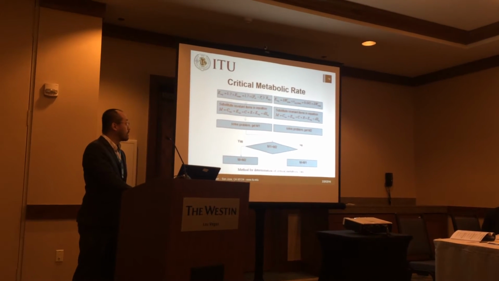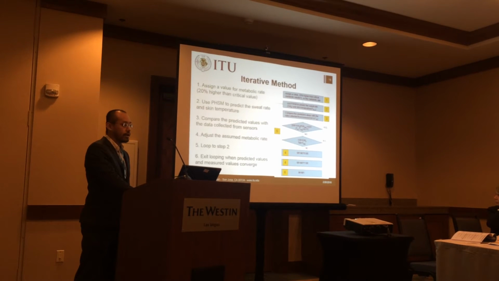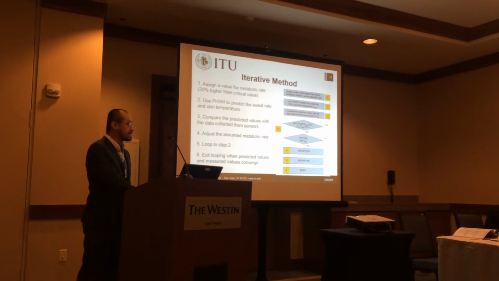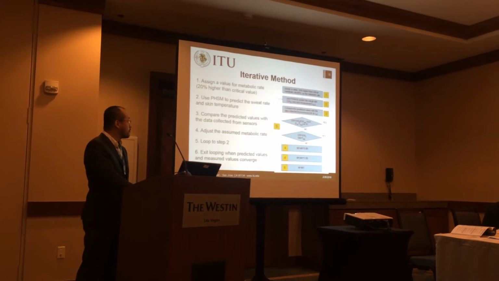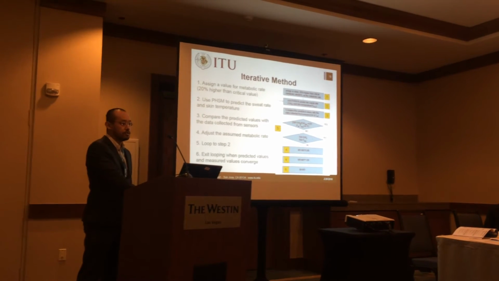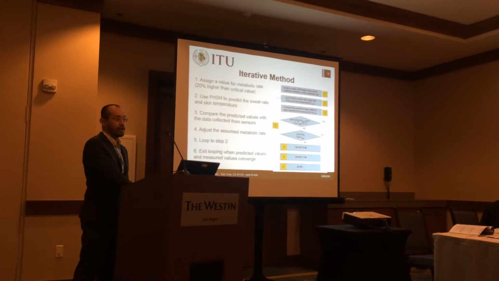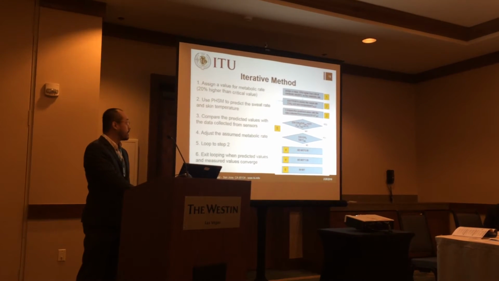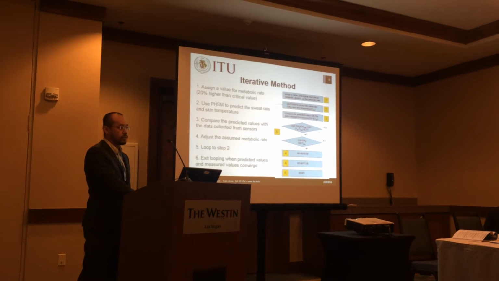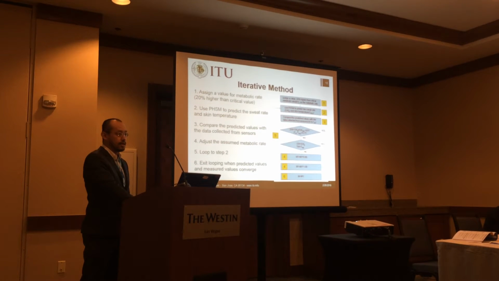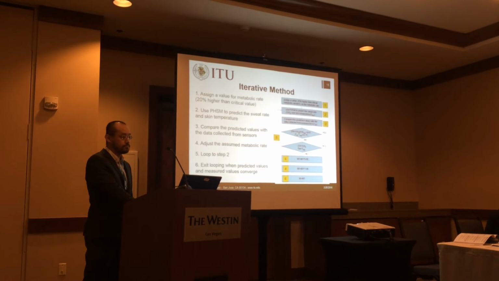Once we find out the critical metabolic rate, we can use an iterative method to calculate what the exact metabolic rate would be. First, we will assign a value for metabolic rate, which is 20% higher than the critical value. Then we are going to use PHSM to predict sweat rate and skin temperature, as ISO 7933 introduced.